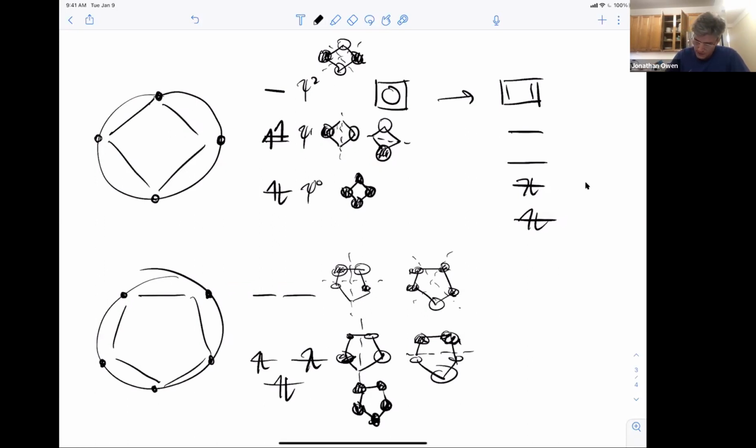I don't know if I got those exactly right. There you go. Okay, so the Frost circle, you just draw the point down.